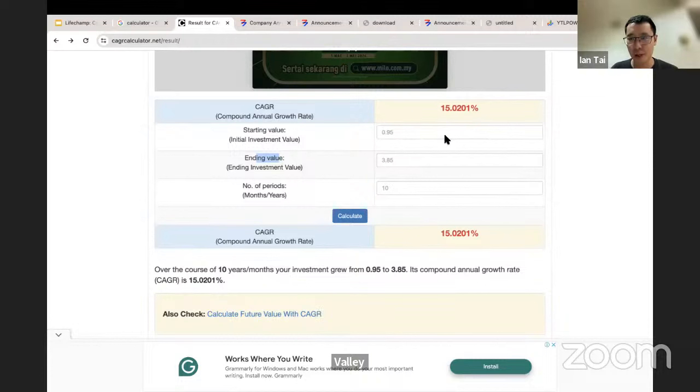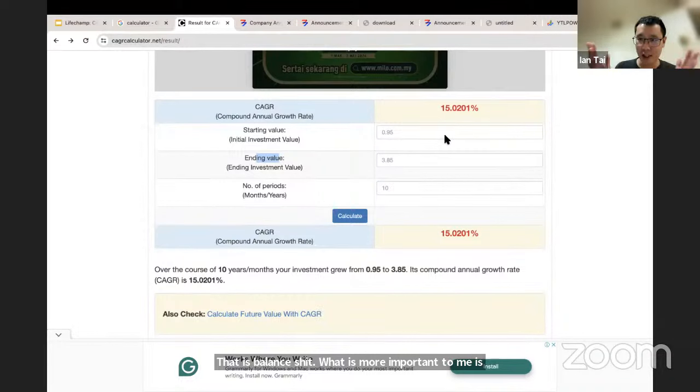I will be more interested in the company's income generating ability over what it has on its balance sheet. To me, balance sheet means the company has $1 billion in cash. What is more important to me is every year, how much cash flow and earnings it can generate.